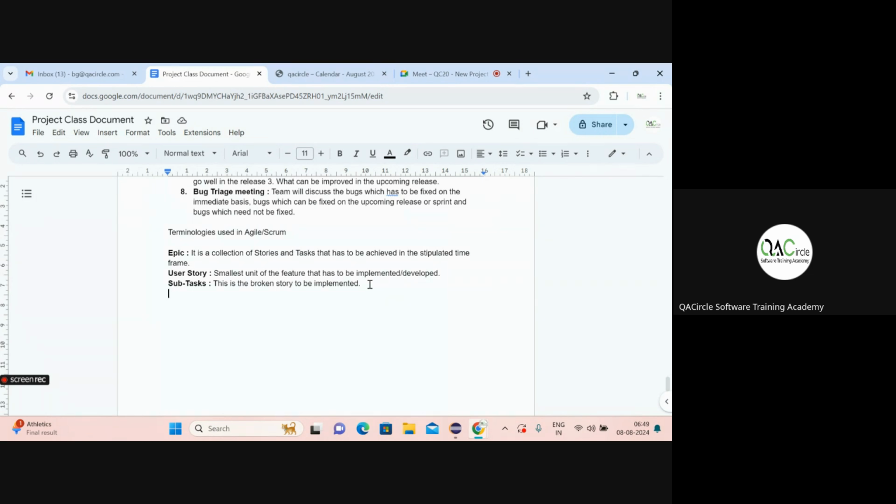The next terminology would be the sprint. So what is a sprint? A sprint is a commitment that we take in order to achieve implementing certain stories or tasks. As I already told you, a sprint can be 15 days in certain organizations, and in certain organizations a sprint can be 30 days.